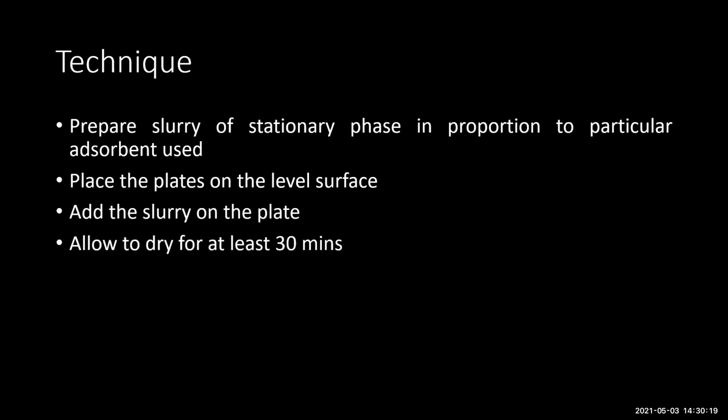Allow it to dry for at least 30 minutes, to ensure that the slurry is dry. Otherwise, there's a possibility that areas of the slurry over the plate may be dry to a different extent. Somewhere it might be completely dried, somewhere half dried, somewhere else completely running.